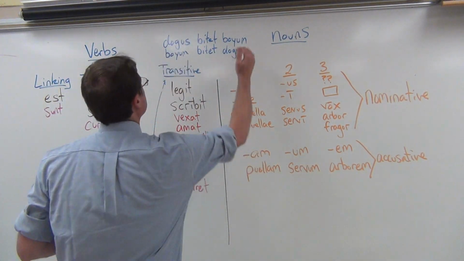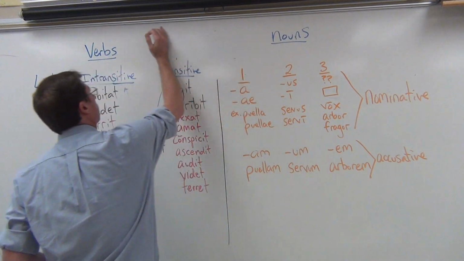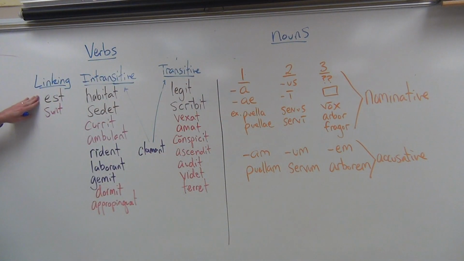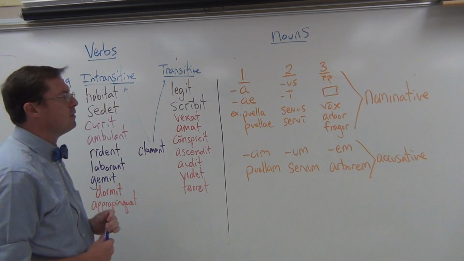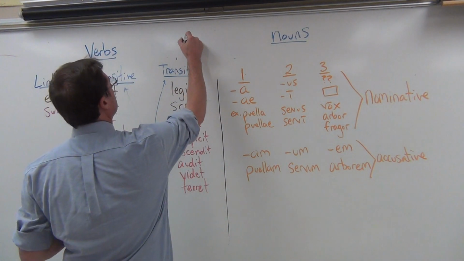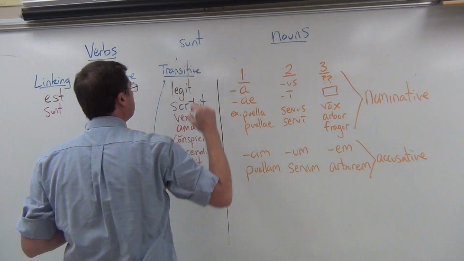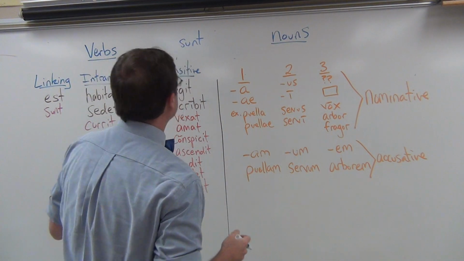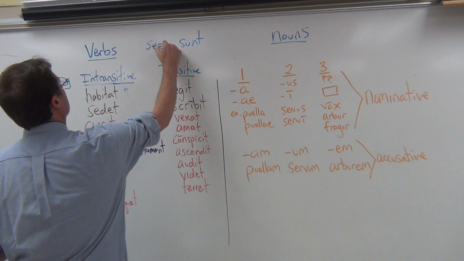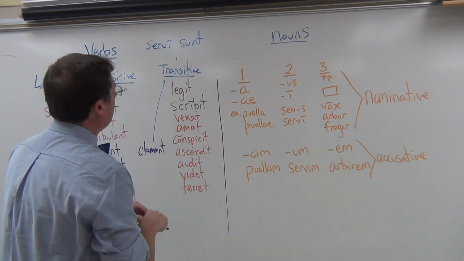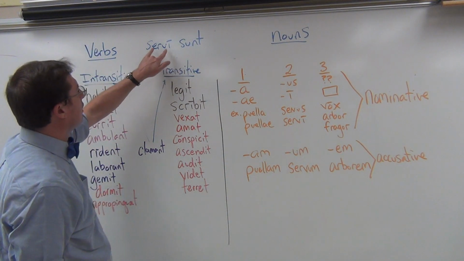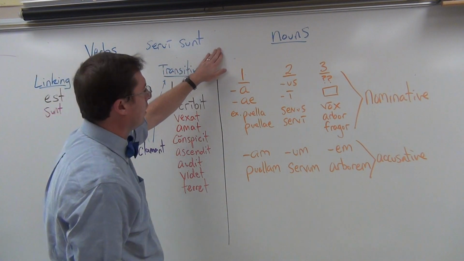One last word on all of this, returning to our linking verbs. Remember that if all linking verbs are equal signs, then that means, and we'll take sunt just for fun, if I were to have servi on one side, I would have to have the equivalency of plural and masculine on the other side.